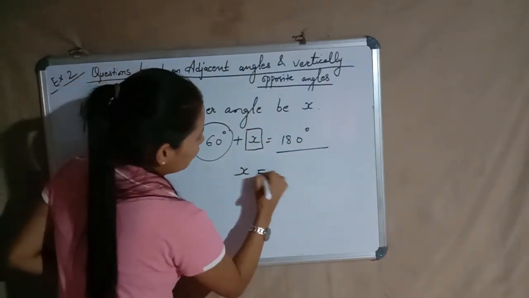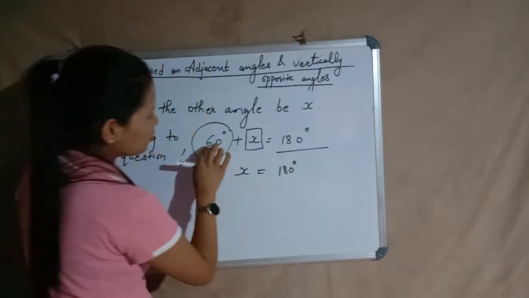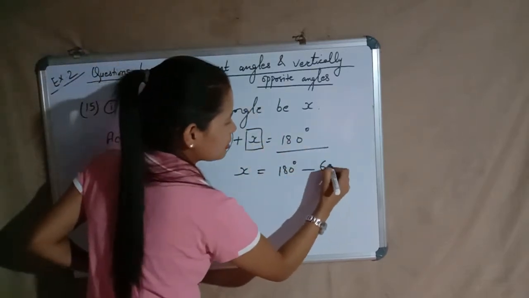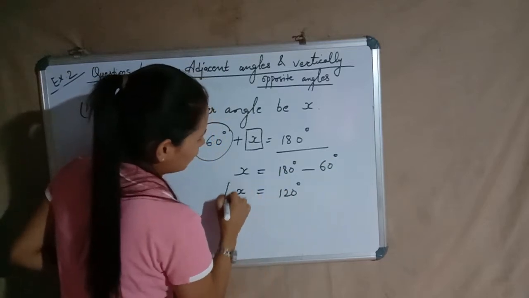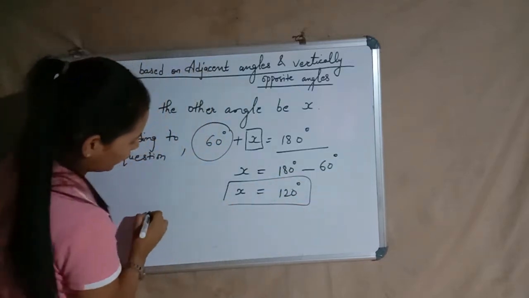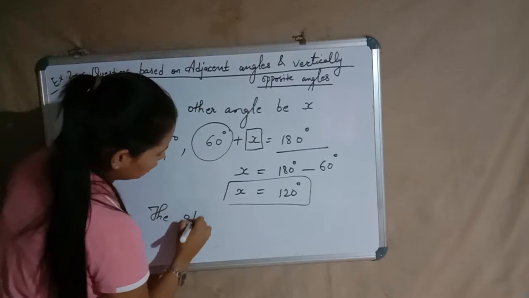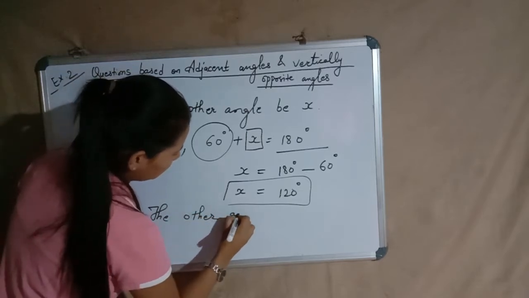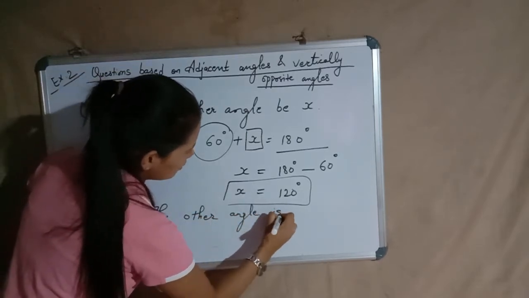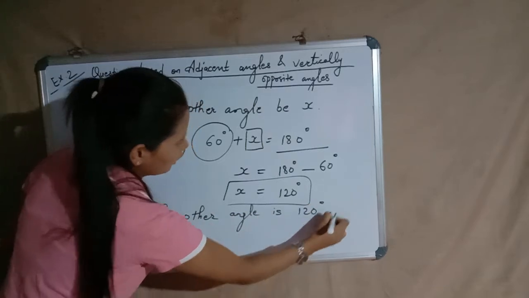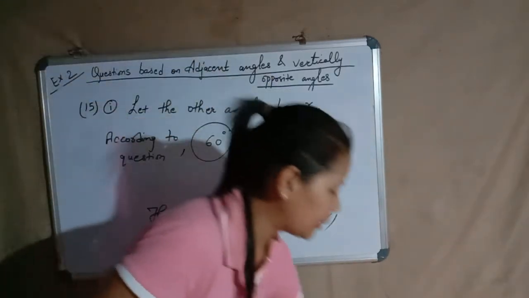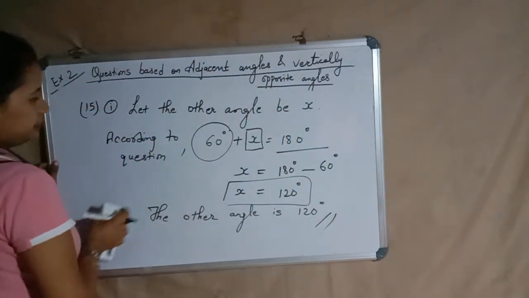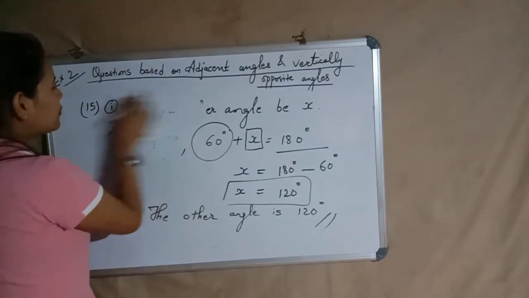So x will be equals to 180 degree, this when we take that side, minus 60 degree, that is equals to 120 degree. So we conclude the other angle is 120 degree. Children, you need to conclude your answer. Okay, I'm telling you again and again. So this is how you do question number 15.